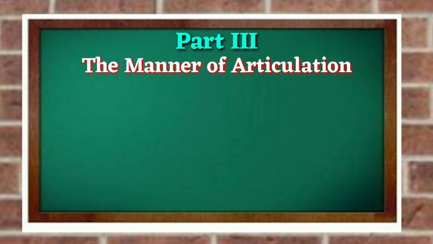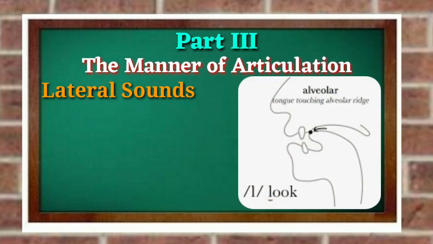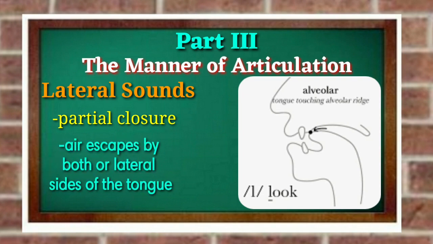As far as the next manner of articulation is concerned, it is known as lateral sounds. Lateral sounds involve a stricture of partial closure, at some point in the mouth, so that the air stream can escape on both sides of the contact.